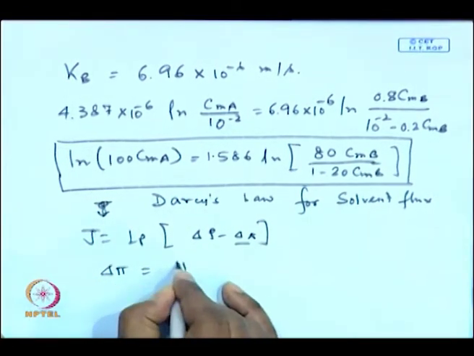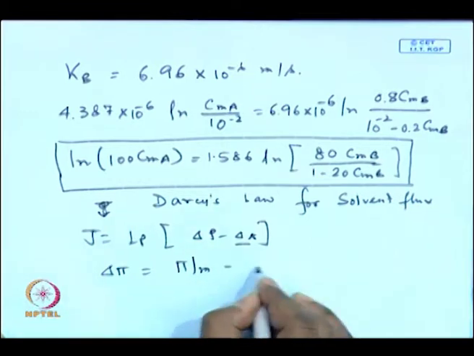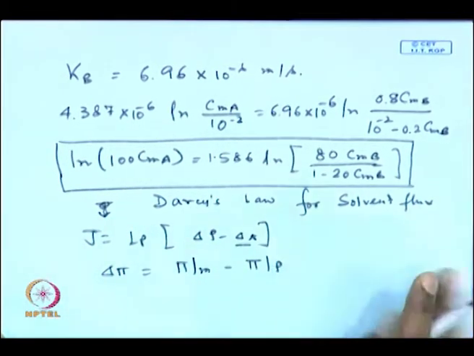So, delta pi should be pi at the membrane surface, osmotic pressure on the membrane surface, minus osmotic pressure on the permeate stream.